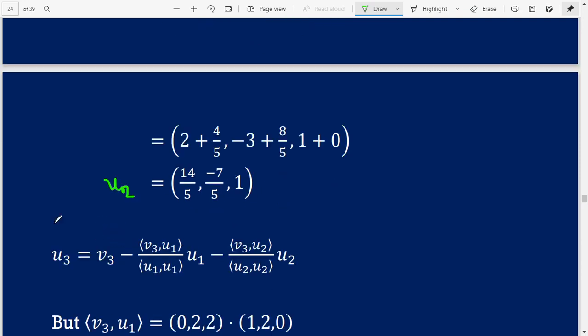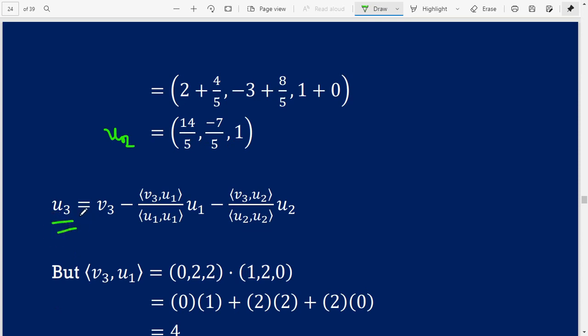Now we find U3. So U3 is equal to V3 minus ⟨V3, U1⟩ upon ⟨U1, U1⟩ into U1 minus ⟨V3, U2⟩ upon ⟨U2, U2⟩ into U2.